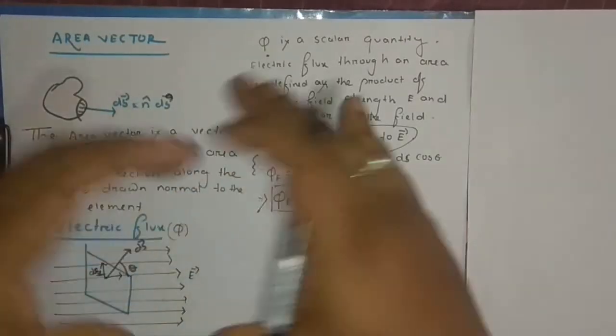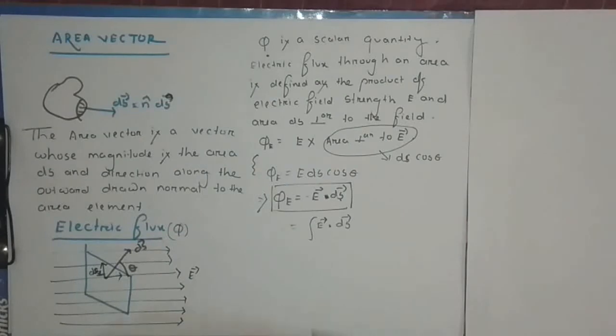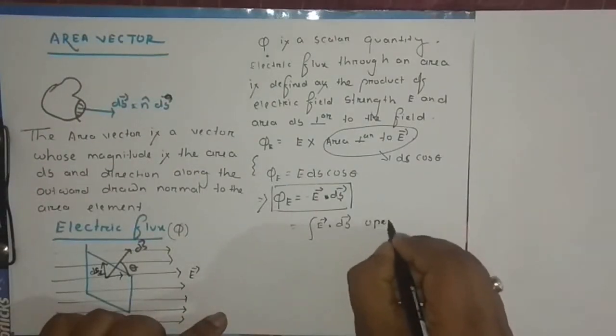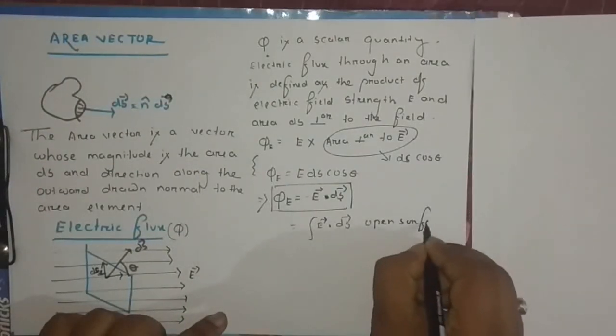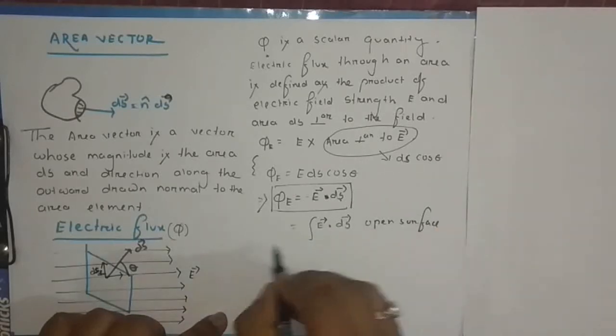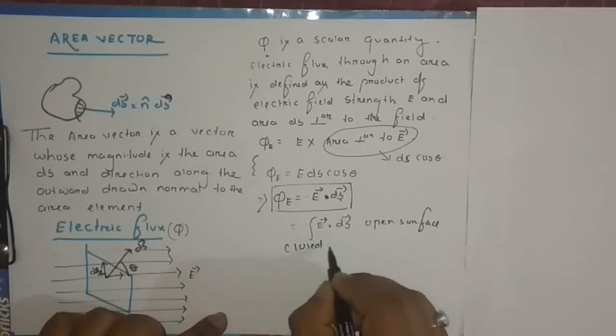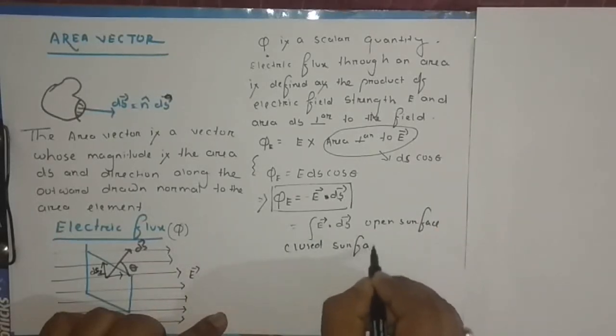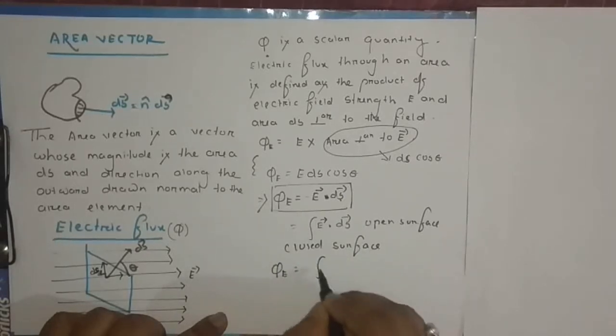This is for an open surface. If I take a closed surface like a sphere, the electric flux will become the closed integral of E dot ds. This is for a closed surface.